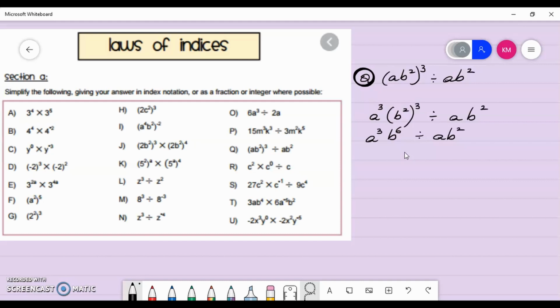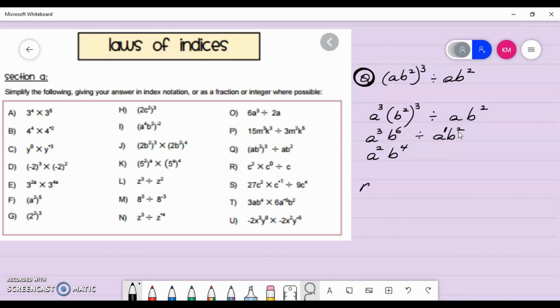Remember, when we are dividing, we need to take away our powers. So here it's understood that this power is 1 because I don't see a power there. So it's going to be a raised to the power 3 take away 1, that is 2, and b is raised to the power 6 take away 2, that is 4.